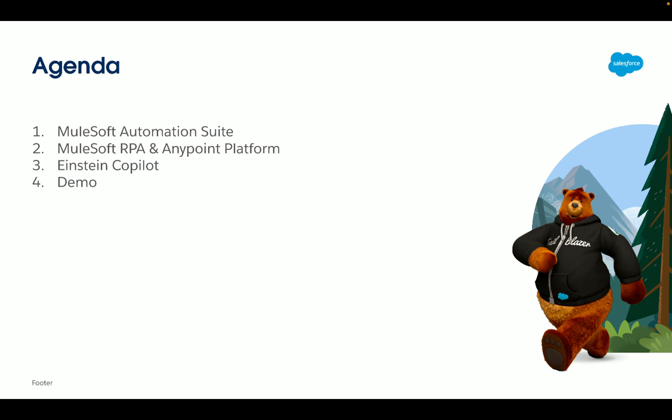What is Einstein Copilot, which is an Agentforce agent, and then we will cover a small demo about how we can use these MuleSoft automation products inside my Einstein Copilot to automate a business use case. At the end of the day, products only make sense when we can make use of them in our business or day-to-day use case.